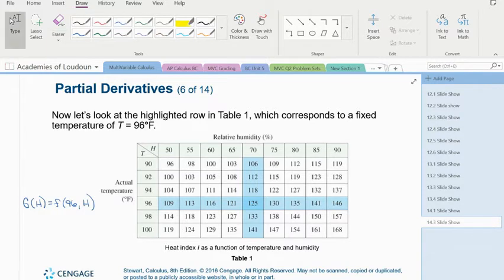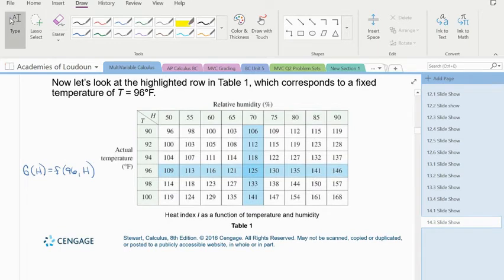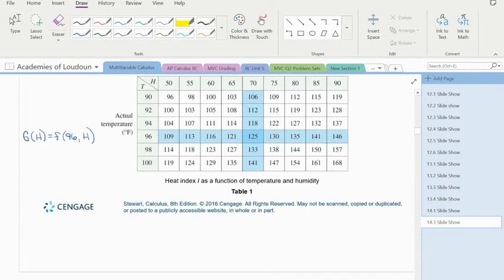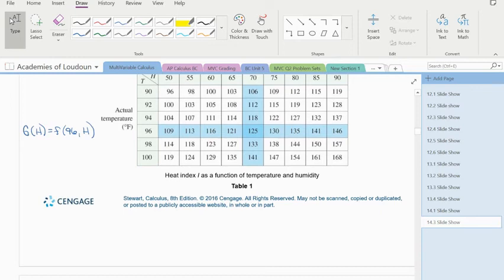The derivative of this function when h is 70% is the rate of change of I with respect to h when h is 70%.